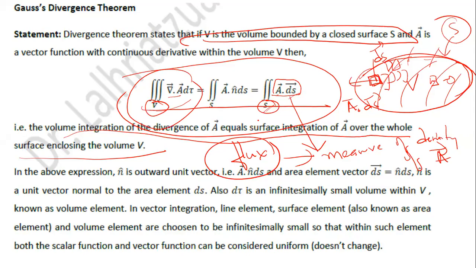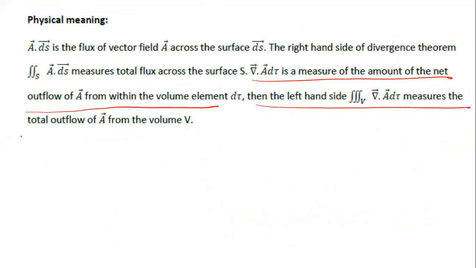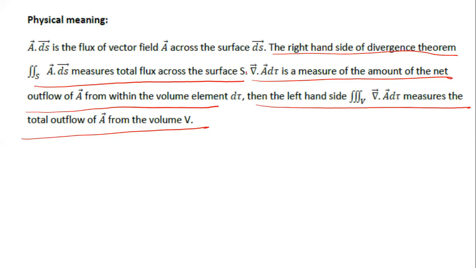The left hand side is the net outflow or inflow of the vector field from the volume element. However, the right hand side of the divergence theorem measures the total flux across the surface S.